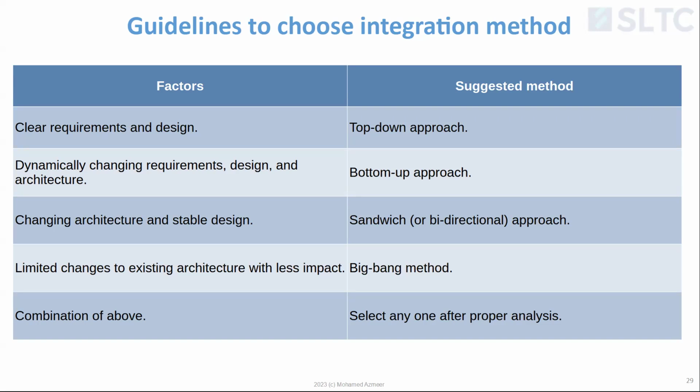And if the design is okay, but the architecture is changing, in that case you may have to do bi-directional. Sandwich or bidirectional. Sandwich is actually hybrid. So you may have to go up and down in your testing mechanism.